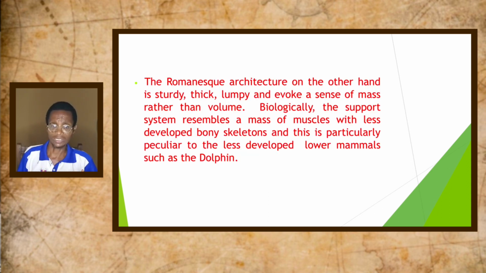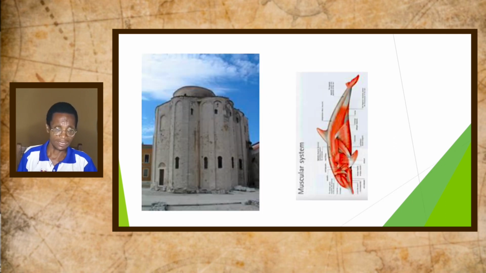The Romanesque architecture is sturdy and thick, lumpy, and evokes a sense of mass rather than volume. Biologically, this support system resembles a mass of muscles with less developed bony skeletons. And, as can be seen here, this is an example of the Romanesque architecture.